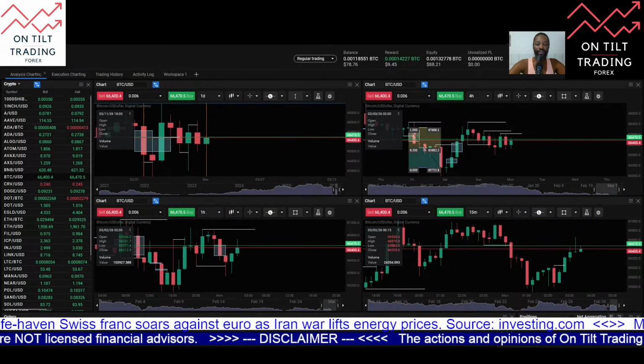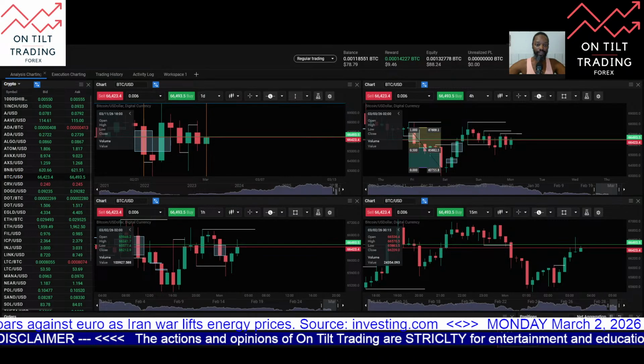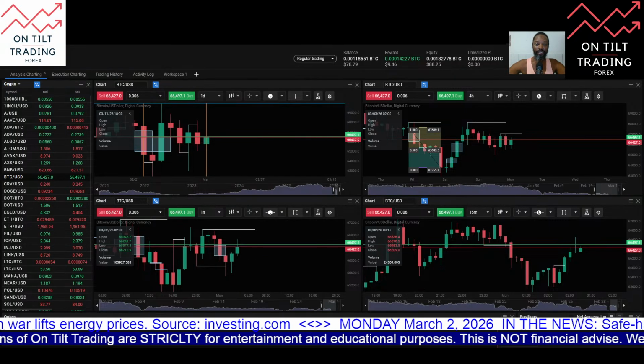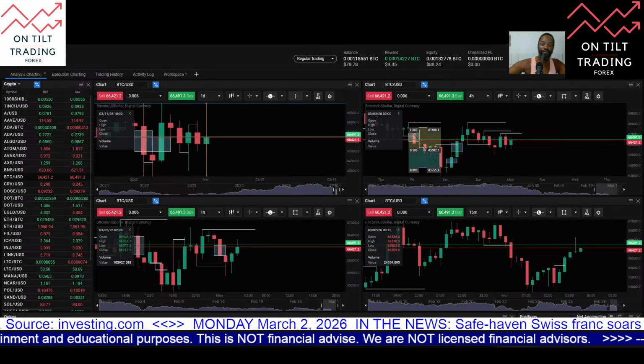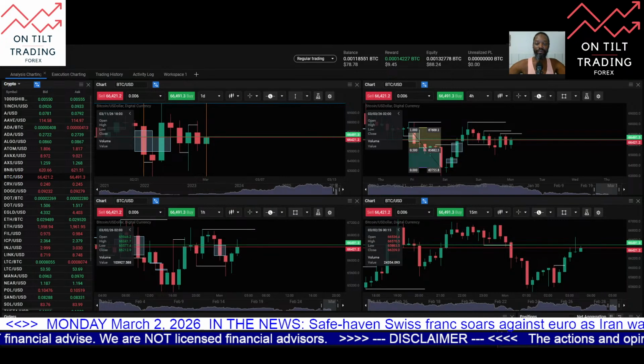With fair value gaps. There's no body candle close, just a wick candle close. MTA is bearish on the 4-hour and the 1-hour.